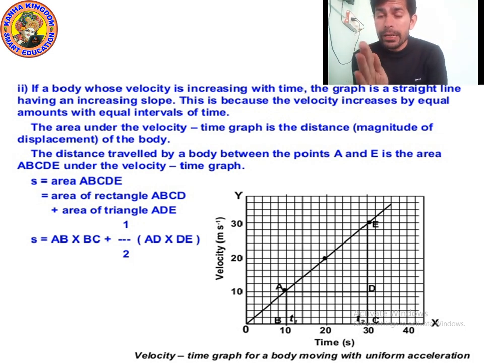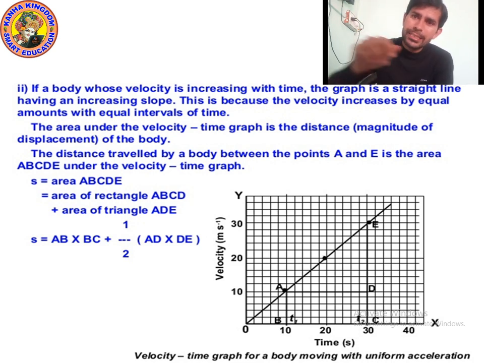Numericals will come. If you do not learn this chapter properly and do not solve the questions, the marks will be cut. Around 20 marks you will lose in the exam. So you will have to learn these diagrams. I hope you understood. Now let's move on to the next point.